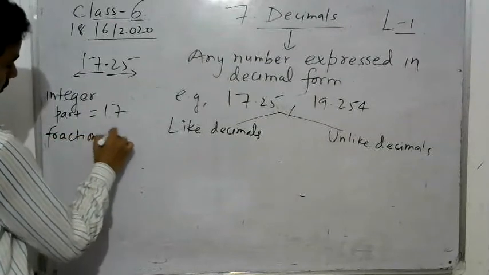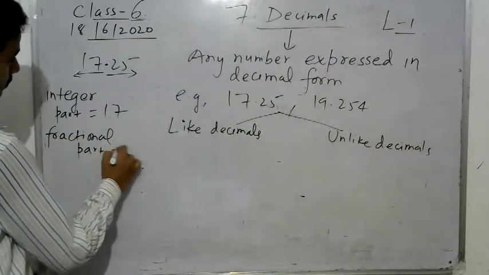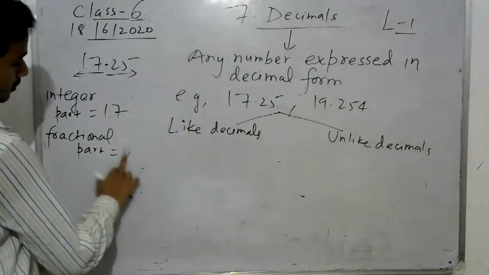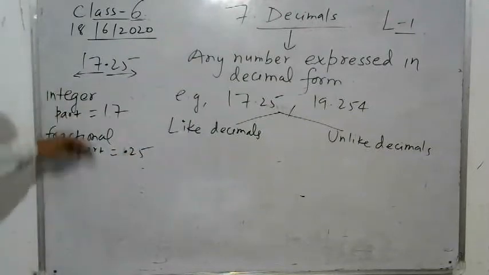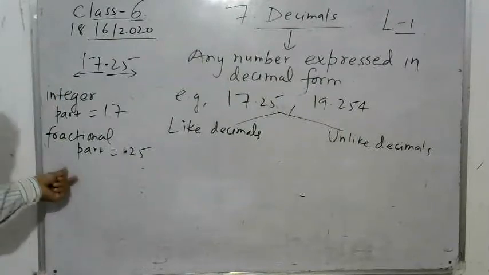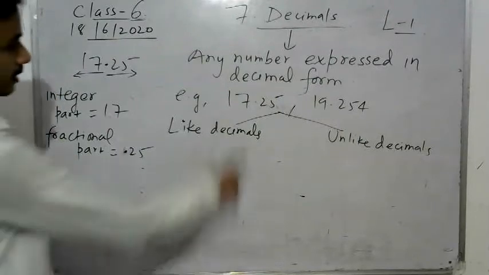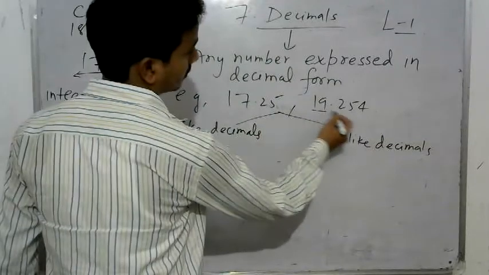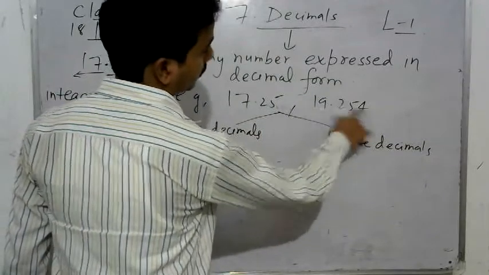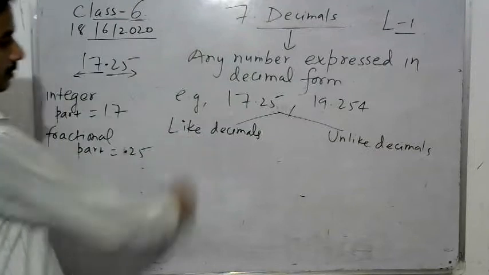So fractional part will be equal to 0.25. Any decimal number can be expressed as the sum of integer part and fractional part. So here integer part is 17 and fractional part is 0.25, and here integer part is 19 and fractional part is 0.254.